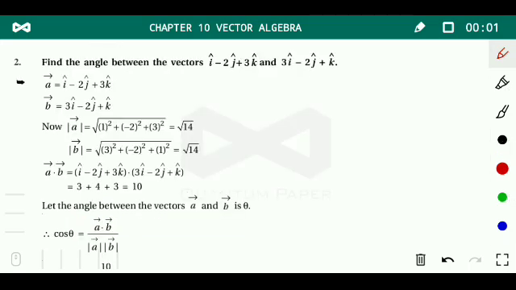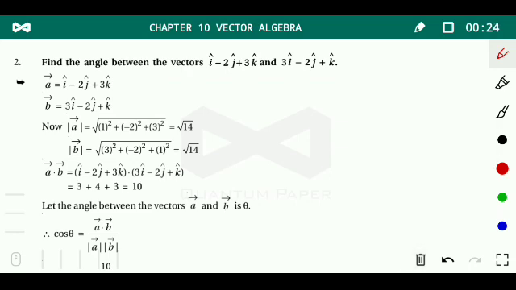Next, question number 2. Find the angle between the vectors i minus 2j plus 3k and 3i minus 2j plus k. So here we write vector A equal to i minus 2j plus 3k and vector B equal to 3i minus 2j plus k.